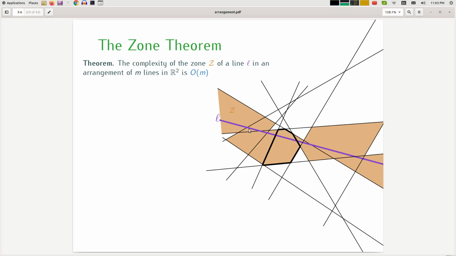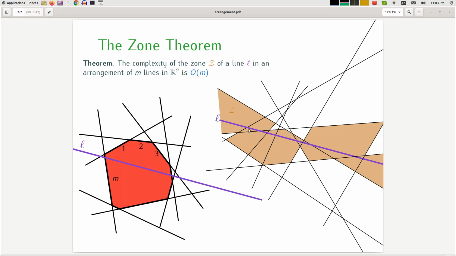This theorem is a very deep theorem because the obvious bound that we can get is m squared. For example, when I look at this picture where I have m lines that go around one cell, the complexity of this red cell is already m, even though the line L intersects a whole bunch of cells to the right and to the left.